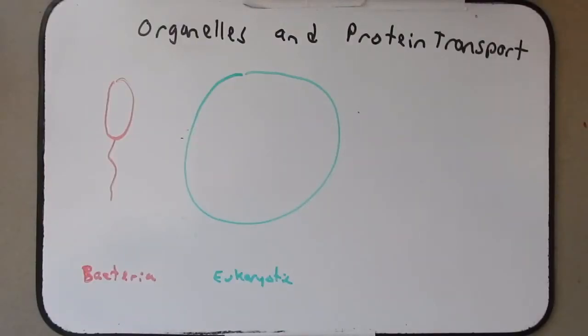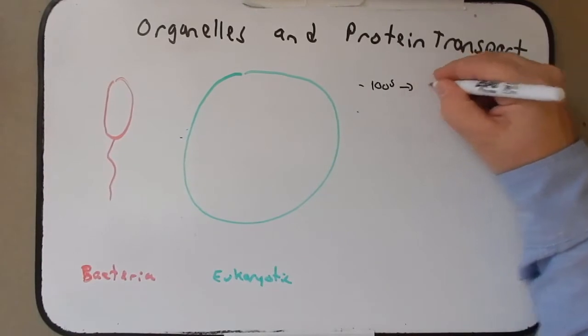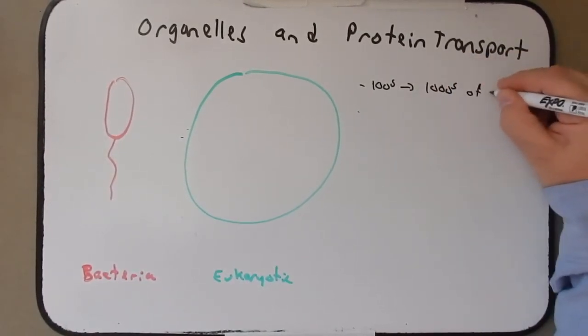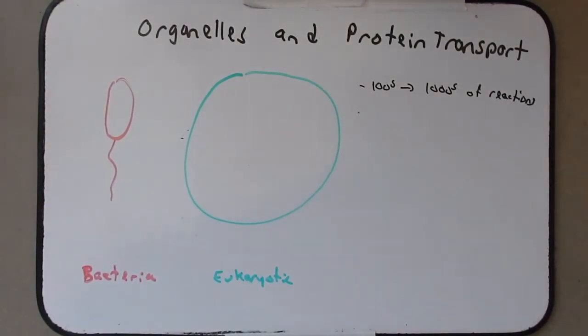Okay, so now remember, if we're talking about a bacterial cell or a eukaryotic cell, there's this fundamental problem that within these cells there are hundreds to thousands of reactions occurring, depending on the cell type and whether we're talking about bacteria or a eukaryotic cell. There are variable amounts of reactions, but there are certainly many reactions occurring at any given time.